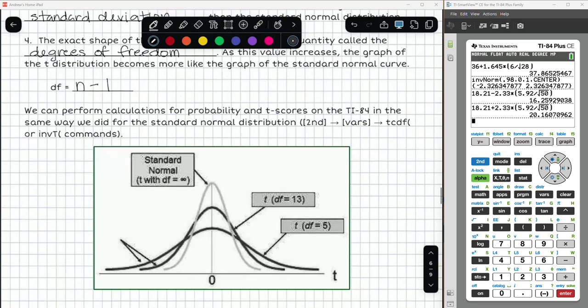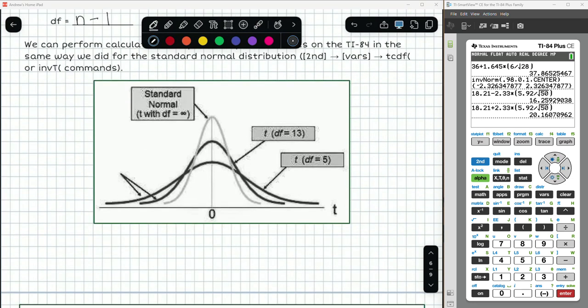So I have a graph here, and this tallest peak, this guy way up here, that's our standard normal. So that's z, mean of 0, standard deviation of 1. And then I have two student t distributions. You'll see that the lowest and flattest guy has the smallest degrees of freedom. His degrees of freedom is 5.